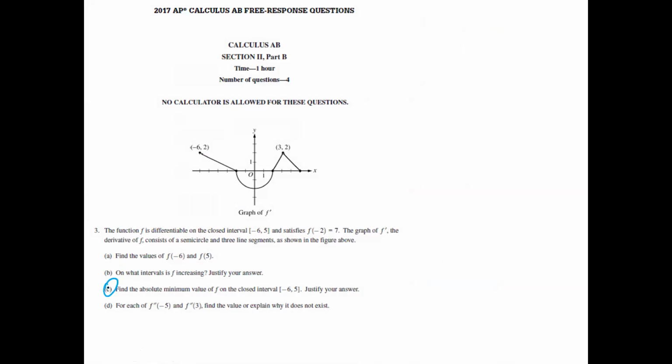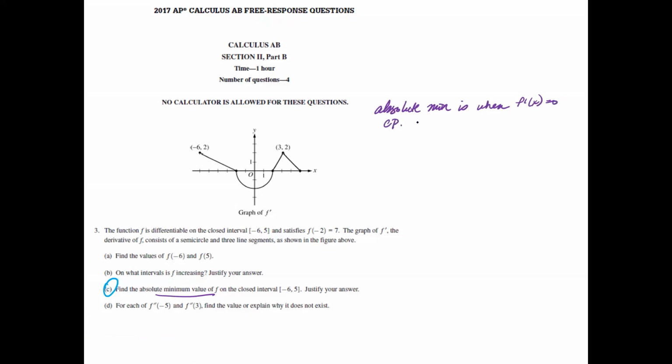So part C says find the absolute minimum value of f on the closed interval of -6 to 5 and justify your answer, which will require you to write in words. So that brings us to questioning and coming back to, what is the absolute minimum value of f? So going back to unit 3, you have to think that the absolute minimum is when f prime of x equals 0 and you find the critical points, okay?